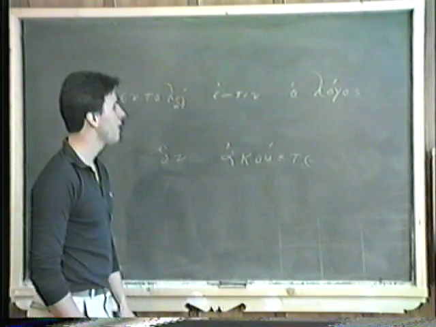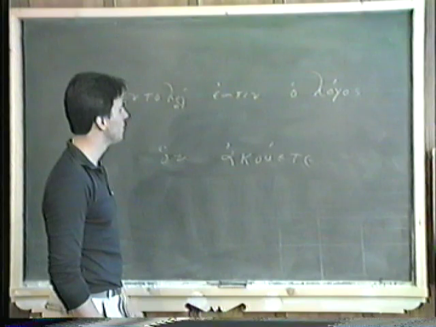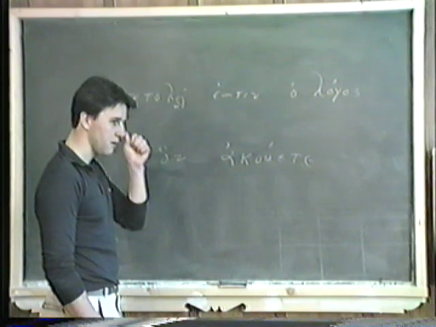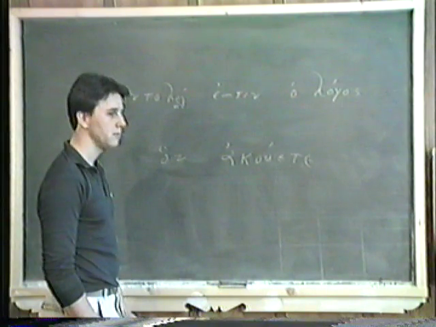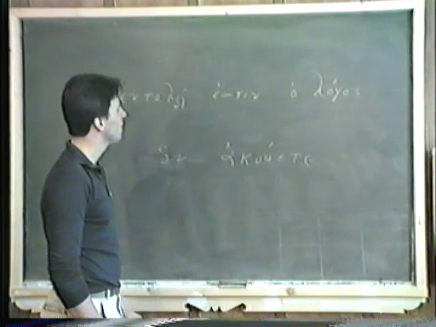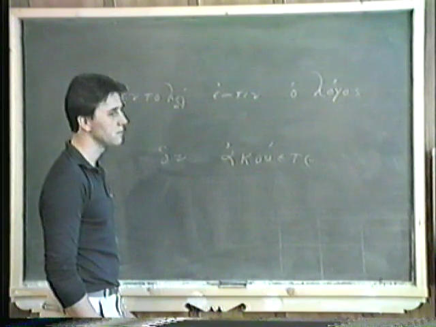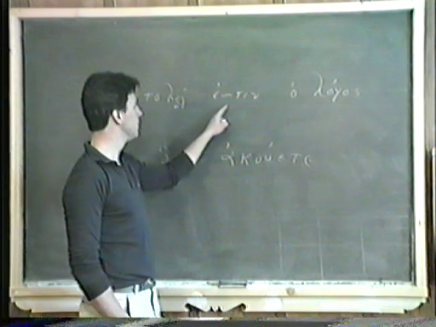Well, estin, parse for me estin. It's third person singular present indicative of eimi. All right? It is. Okay, now what case is ho logos? It's the nominative. Nominative, and again, why is it nominative? It's a predicate nominative because of eimi.